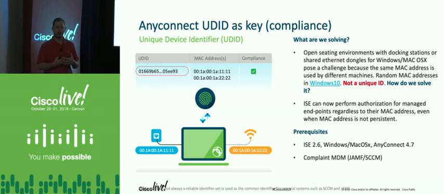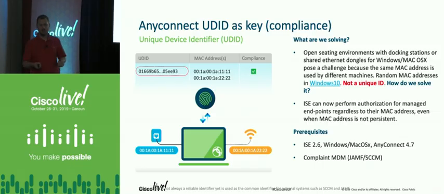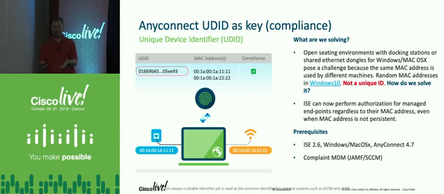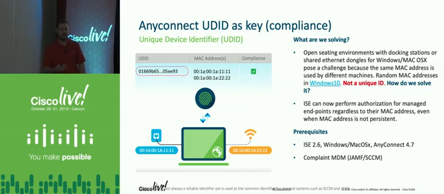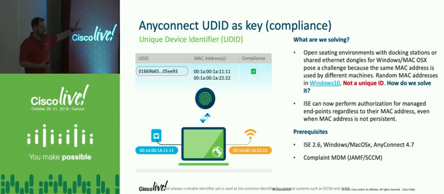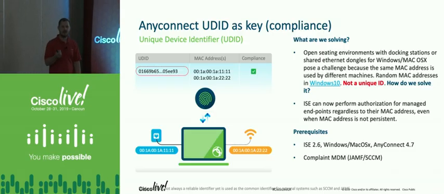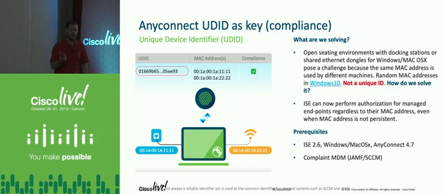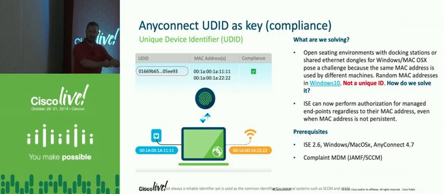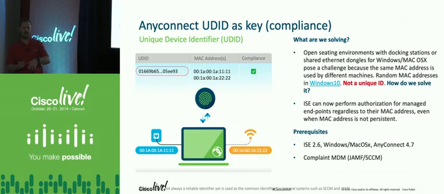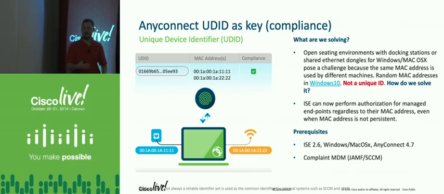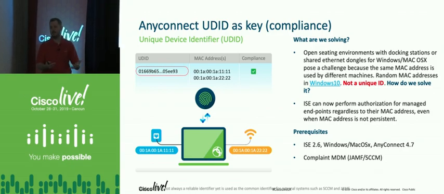And what was happening was I could authenticate with my laptop in the morning on wired. As soon as I took it out of the wired network and went to wireless, I'd have to do another posture assessment to get access to the network. So with UDID, this feature that we actually added, it allows us to key off of a unique identifier. So when my laptop goes from wired to wireless, I no longer have to re-posture assess. It knows that I just went through it 15 minutes ago.